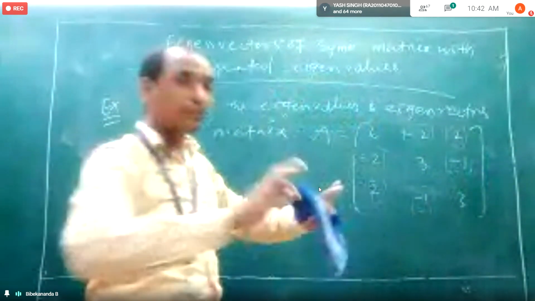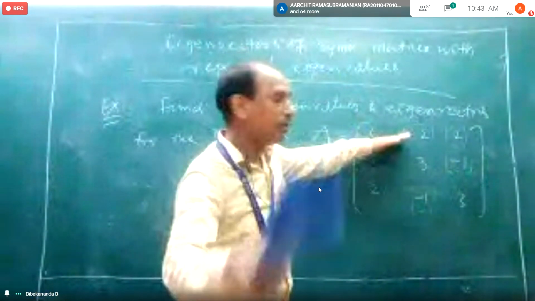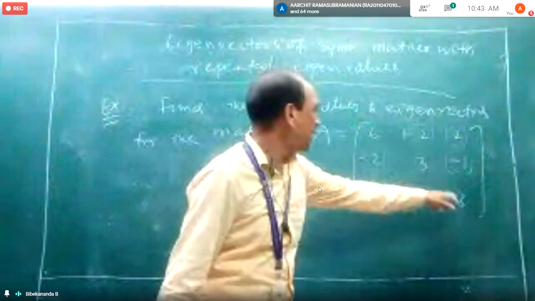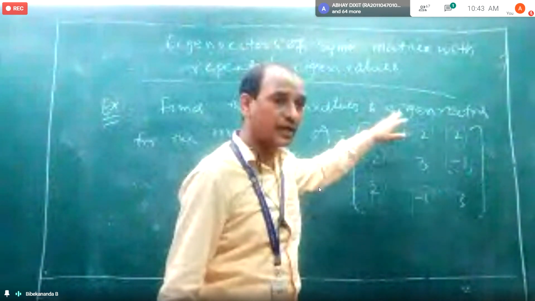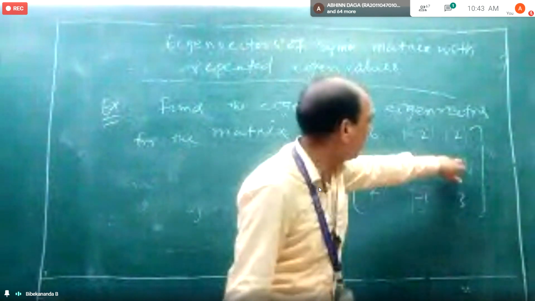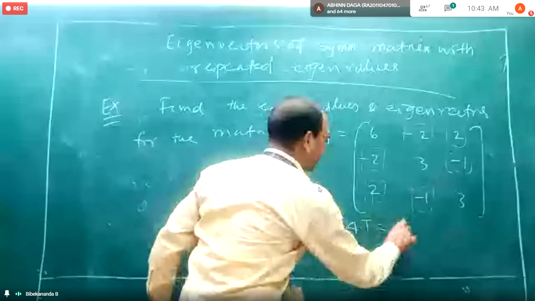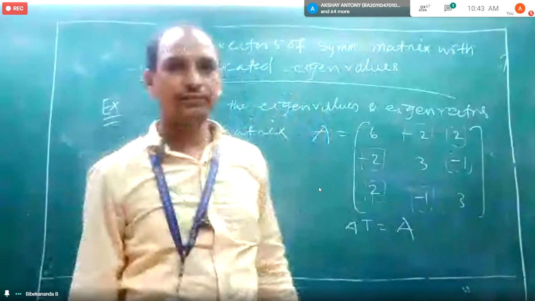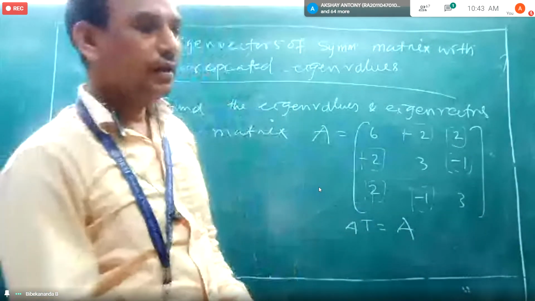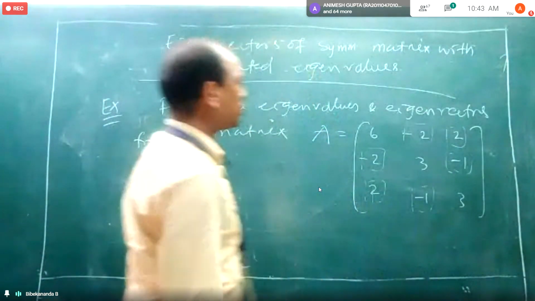We don't bother about the diagonal elements. If we take the transpose of this, we will get A itself. So this is a symmetric matrix.